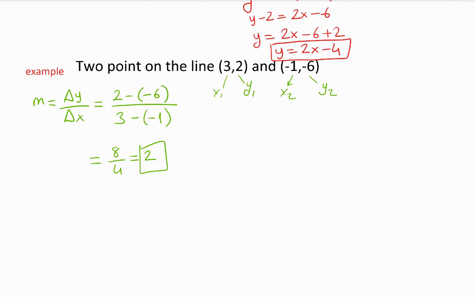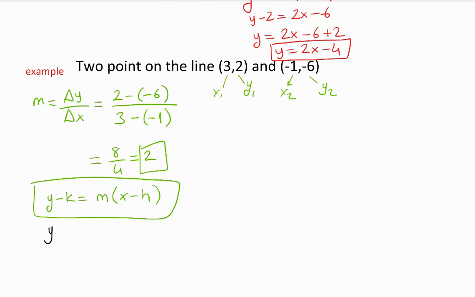Then I can use point slope form. So what was my point slope form? y minus k equals m times x minus h. This is the formula. I will choose this point from here.